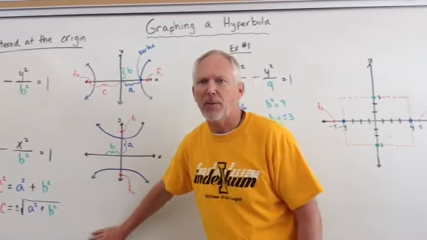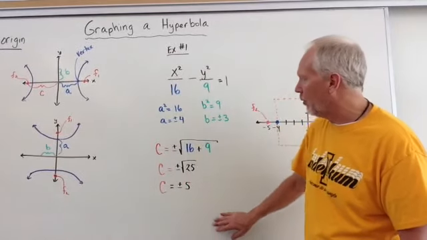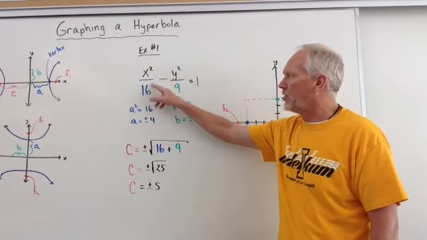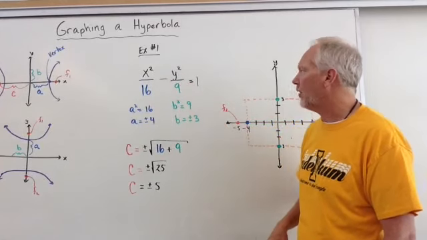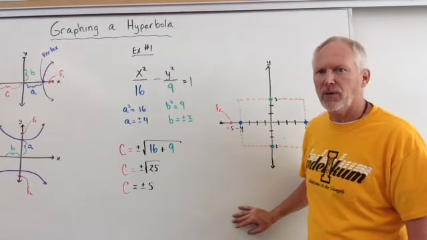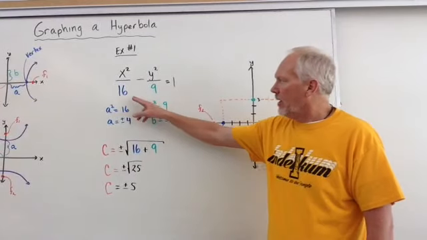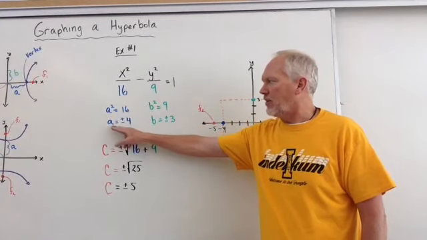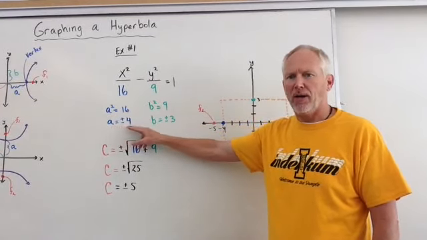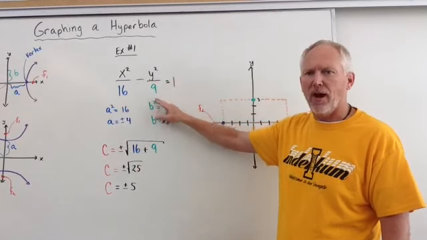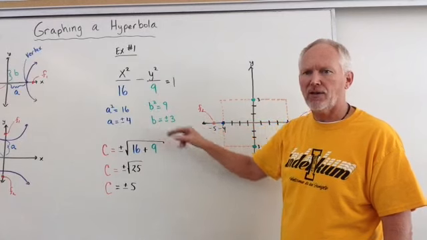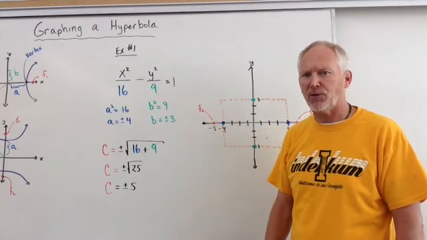All right, let's look at an example. Example number 1: x squared over 16 minus y squared over 9. We see that a squared is 16, so a is plus or minus 4. And under the y category, we have 9, so b squared is 9, so b is plus or minus 3.